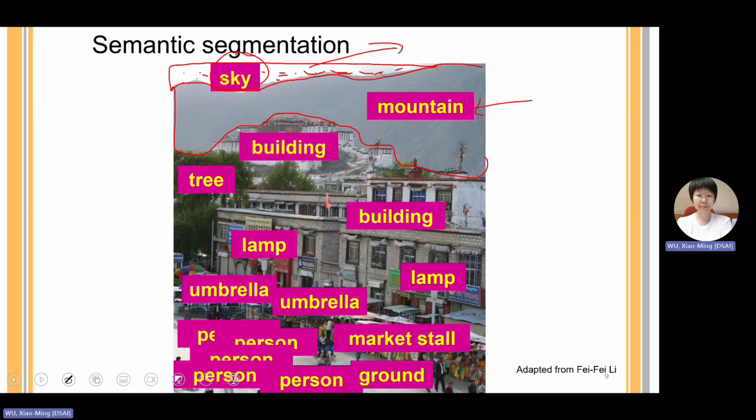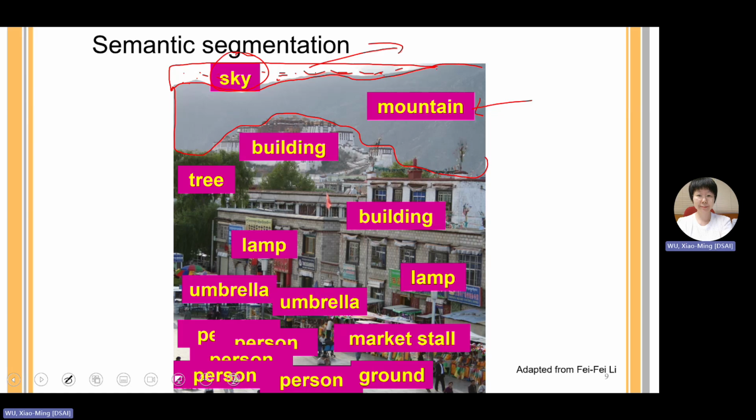Segmentation can be considered a grouping or clustering task, because it involves grouping pixels into different clusters, right?